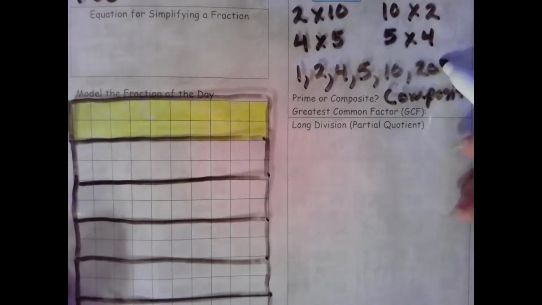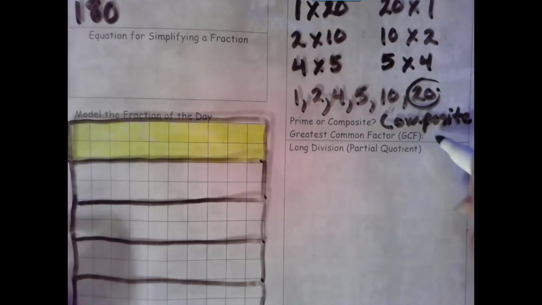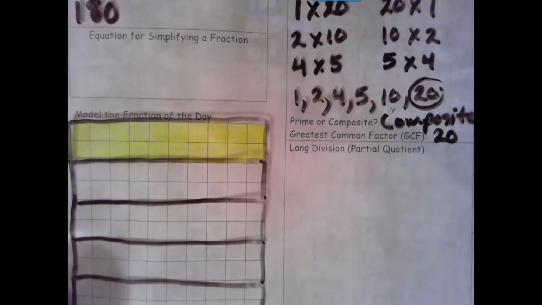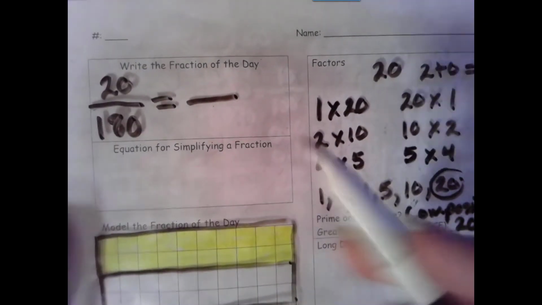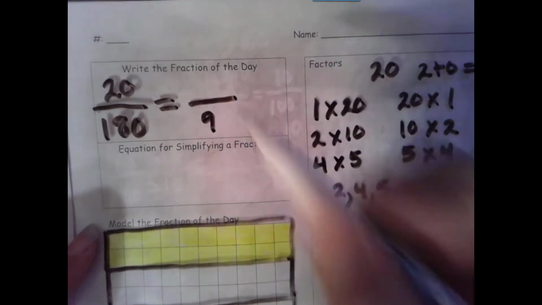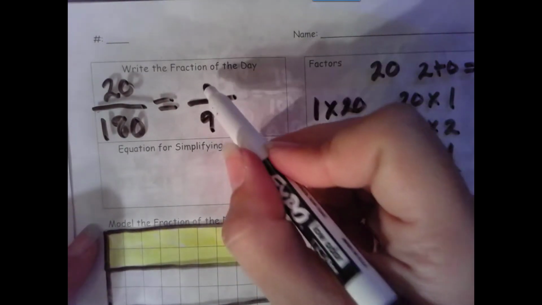There's no remainder, so that means that 20 is our greatest common factor. So let's count up how many total groups of 20 we have. Okay, there's 1, 2, 3, 4, 5, 6, 7, 8, 9 groups, and I have 1 group shaded in.